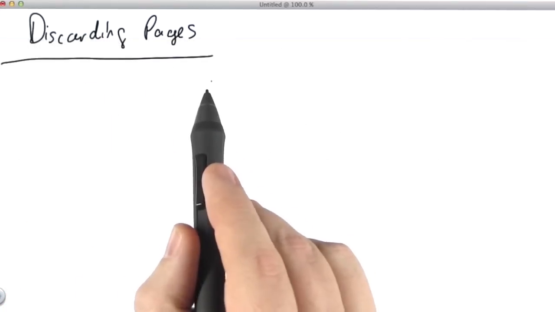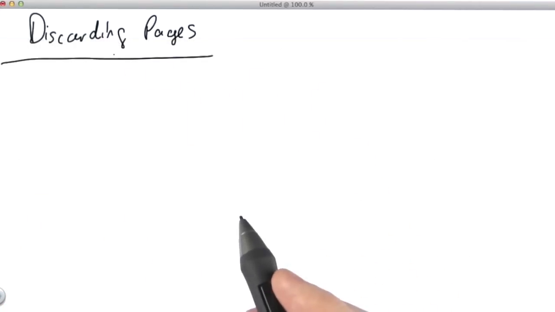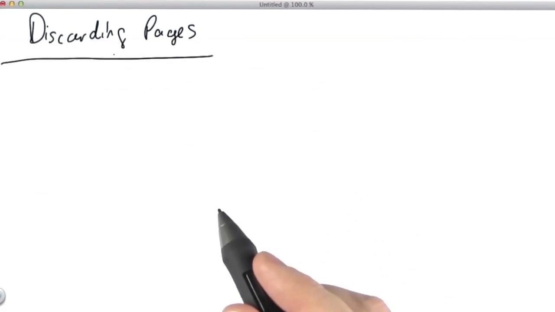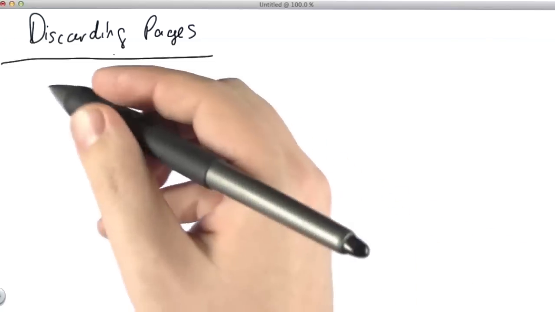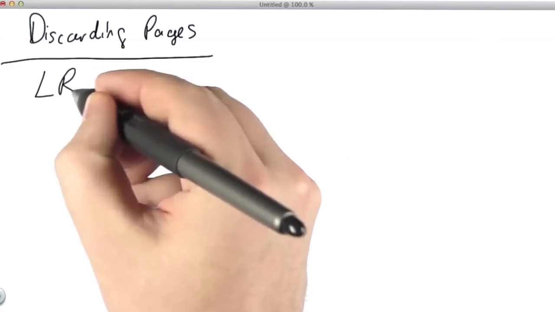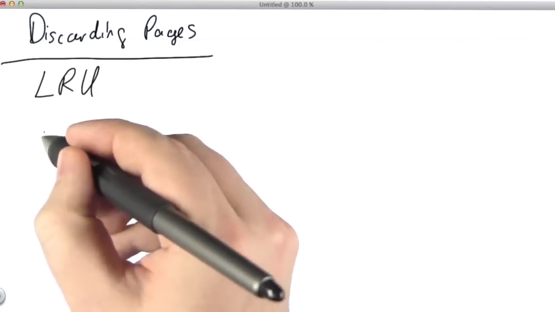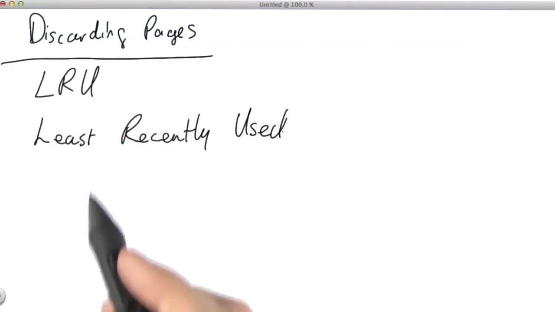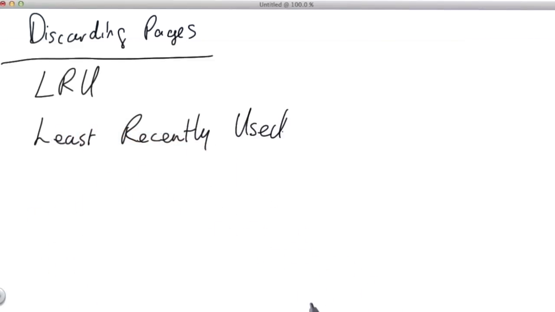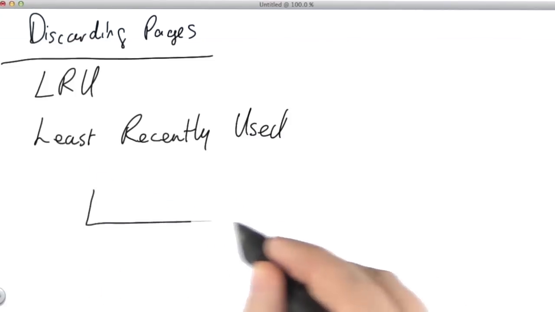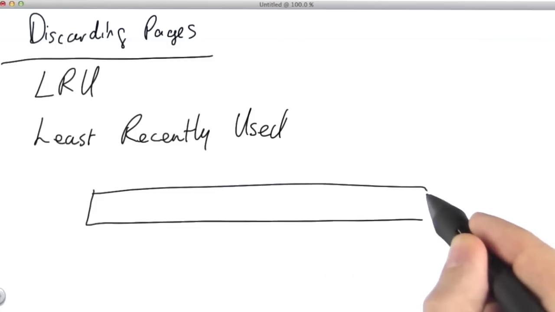The kernel will decide which pages to discard based on, by default anyway, a very basic, simple algorithm. That algorithm is referred to as LRU. LRU stands for least recently used, which is exactly what it sounds like. The difference between this and, say, for example, a first in, first out type of algorithm is this.